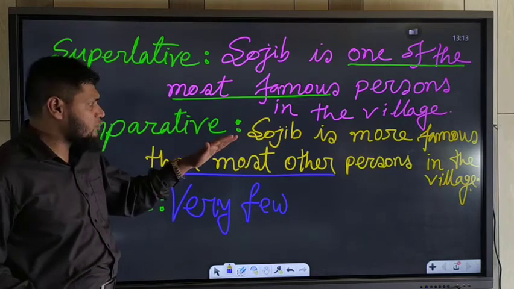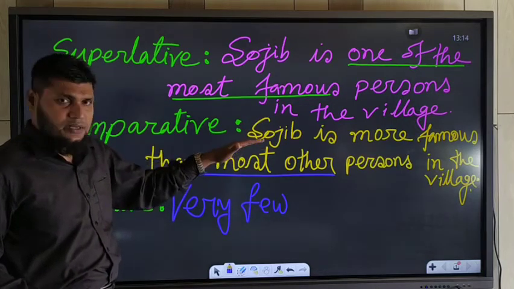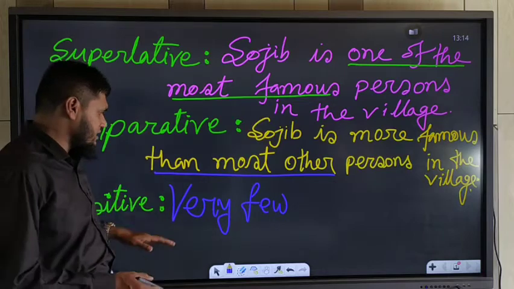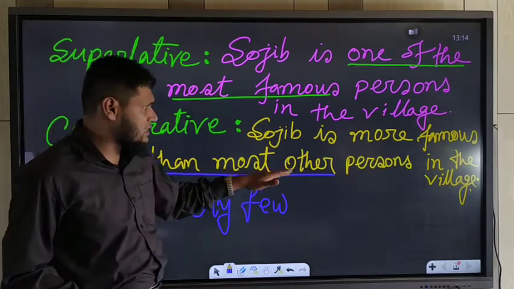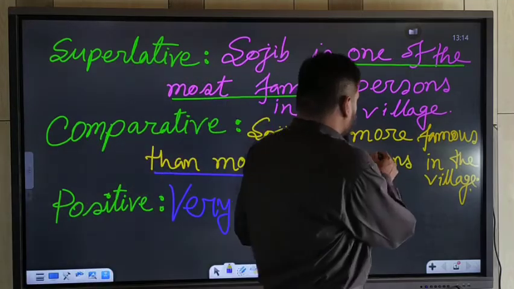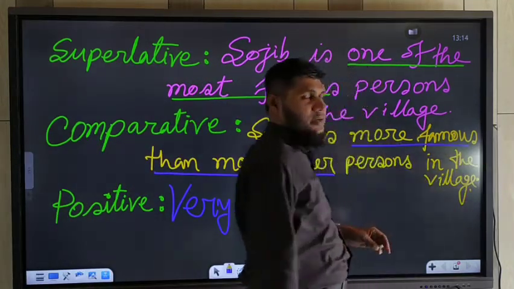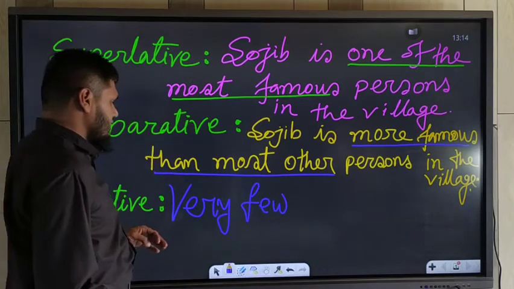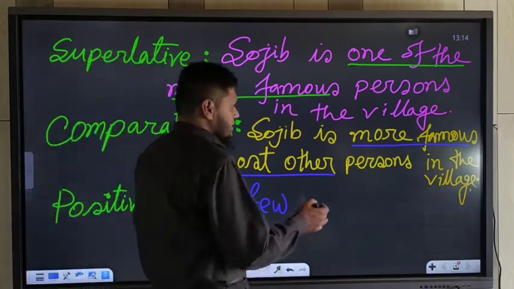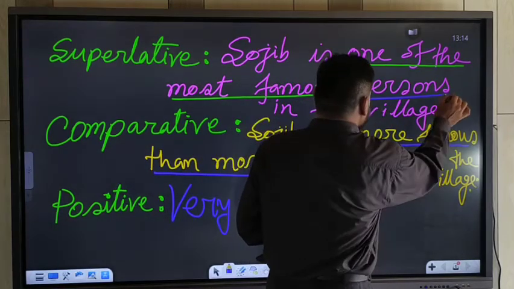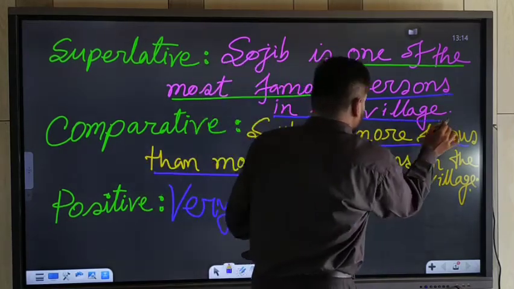If you want to change comparative degree to positive degree, you should write down very few, because there is most other after the comparative degree. Then the extension part: persons in the village.